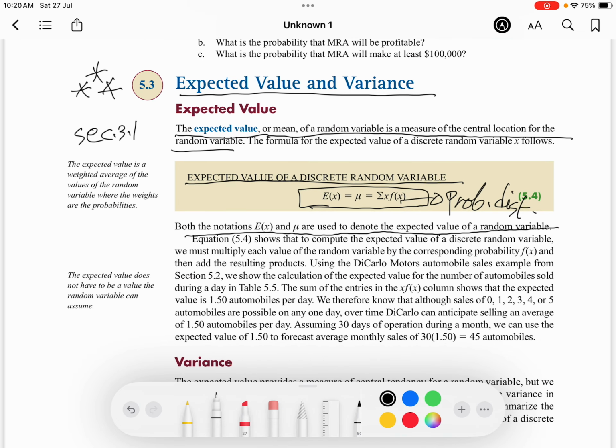Equation 5.4 shows that to compute the expected value of a discrete random variable, we must multiply each value of the random variable by the corresponding probability f of x and then add the resulting products.